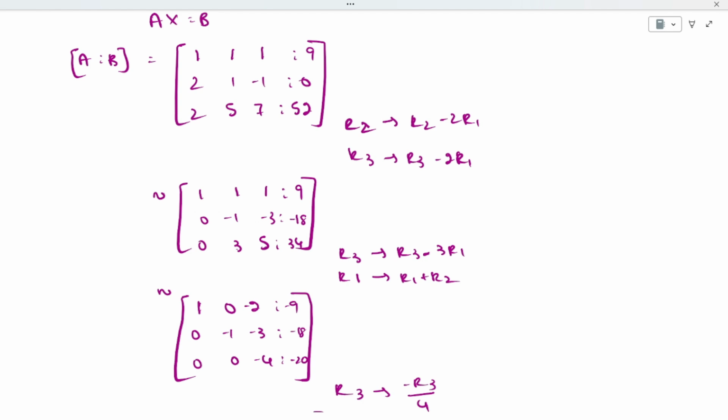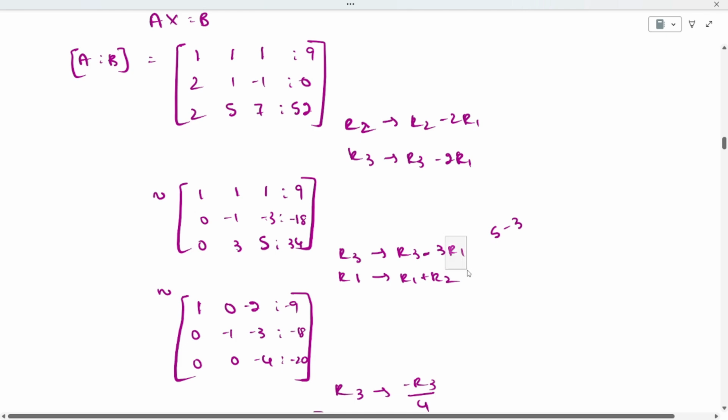Now again this 5 minus 3, 5 minus 3, that will give you, one second, 3 minus 5 minus, here we have done with respect to R2.